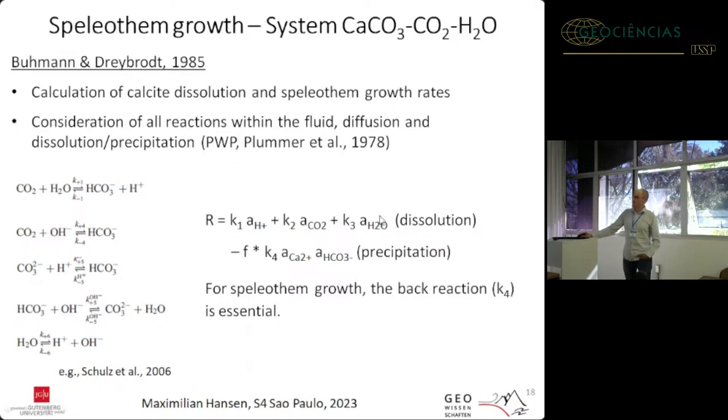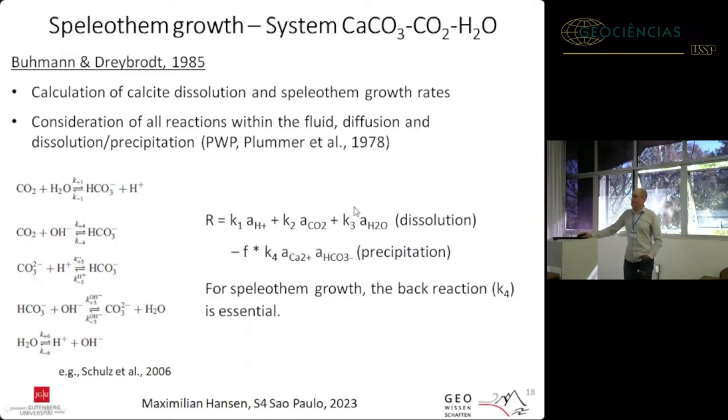The first term here is the dissolution capacity, or dissolution of a carbonate host rock, and for the speleothem growth, the last part of the equation is the most important part. This one describes the precipitation. So for the speleothem growth, the back reaction is actually the most important part.